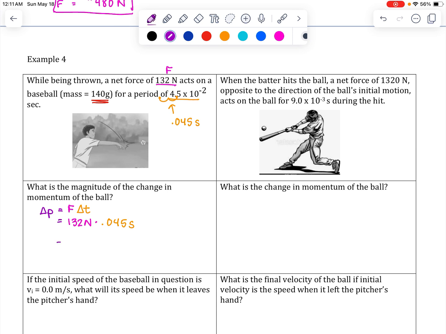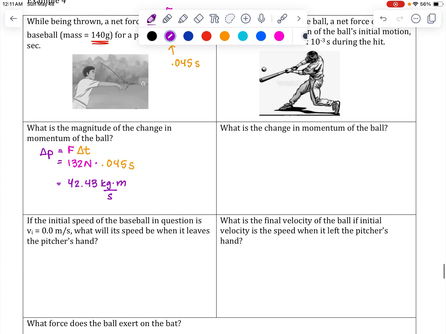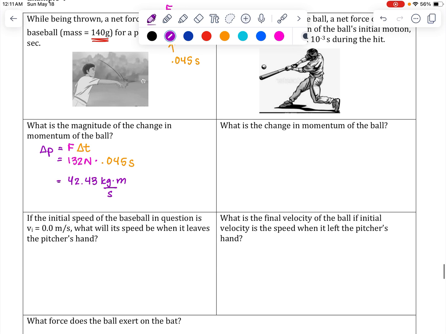This ends up equaling 42.43 kilogram meters per second. I put that in my calculator. I did not actually do that in my head.